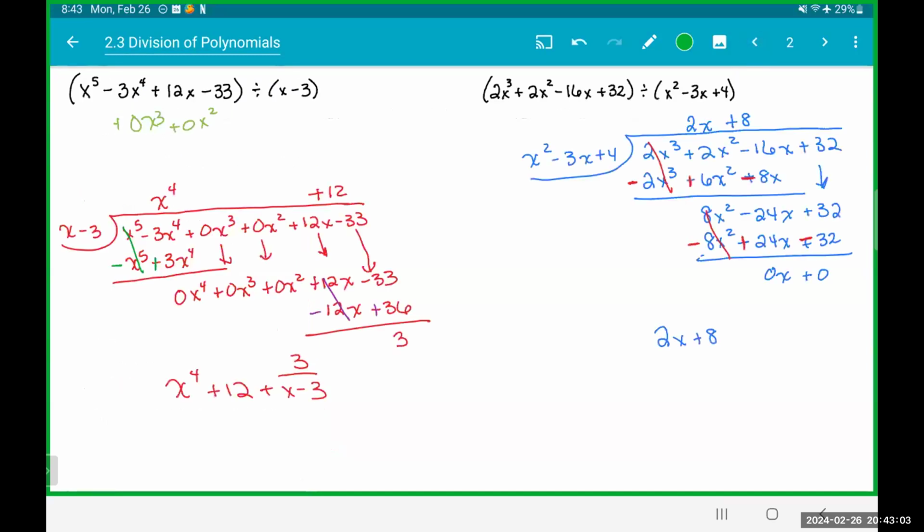So let's come back over here. We can use synthetic division on this problem because it is linear. It's just an x. You cannot use synthetic division on this problem because the x is not singular, it's squared or more.